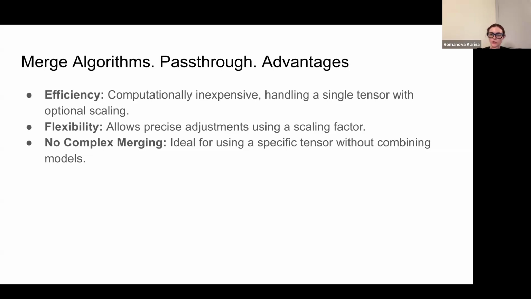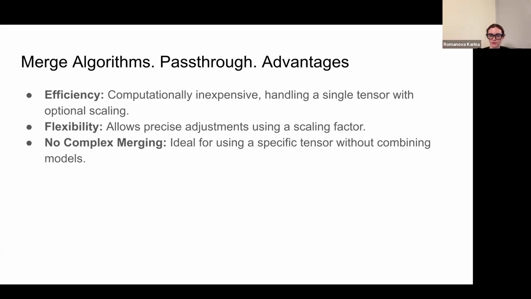Also, the modular nature of the pass-through method allows for easier updates and expansions. New models can be integrated into the system to accommodate additional tasks or domains without disrupting existing functions.